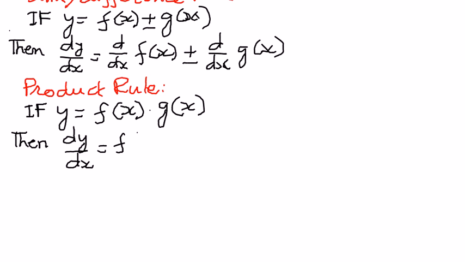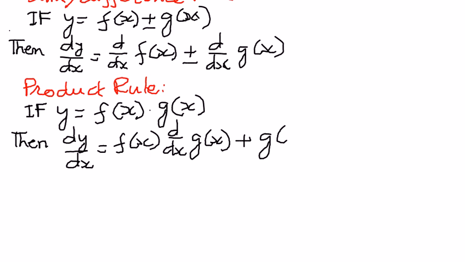We take the first function, f of x, times the derivative of the second function, g of x, plus the second function, g of x, times the derivative of the first function, f of x. So in words, the derivative of a product of two functions is equal to the first function times the derivative of the second function plus the second function times the derivative of the first function. That is the way we want to understand this product rule.